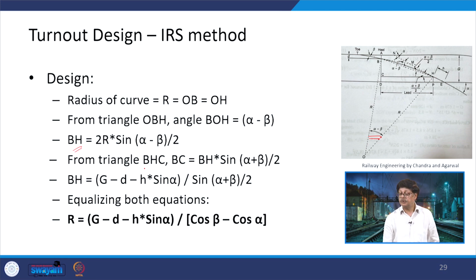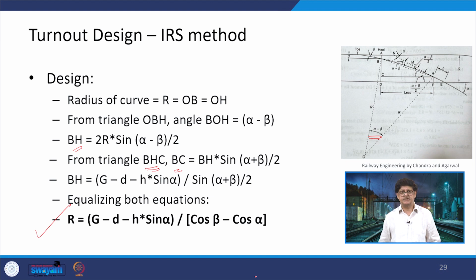And again we go into the triangle BHC for finding out BC in terms of the other values. What we get is BH into sin of alpha plus beta by 2, and BH is already written here. So, finally, the value of R comes out to be G minus d minus H sin alpha divided by cos beta minus cos alpha. So, in that form we can now calculate the total lead and the radius using the IRS method.